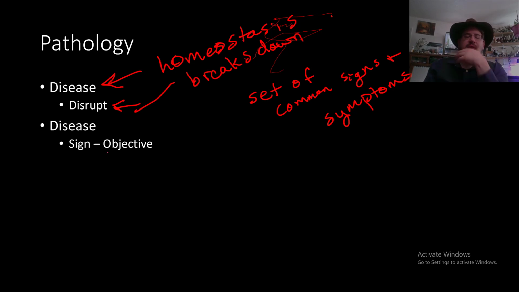So, a sign, by the way, is something that is objective, something that can be measured, right? If you have a fever of 103 because you're hot-blooded, that is a sign, right? If your skin is yellowing, that's a sign. That's objectively observable, measurable, right?